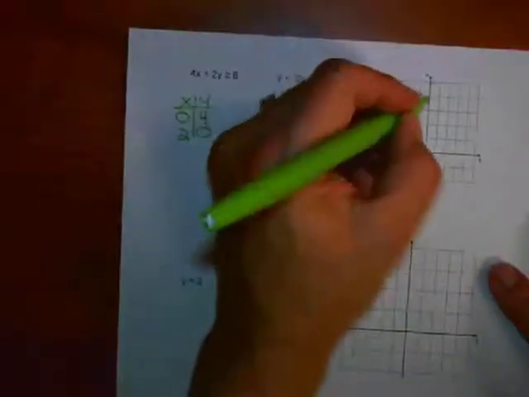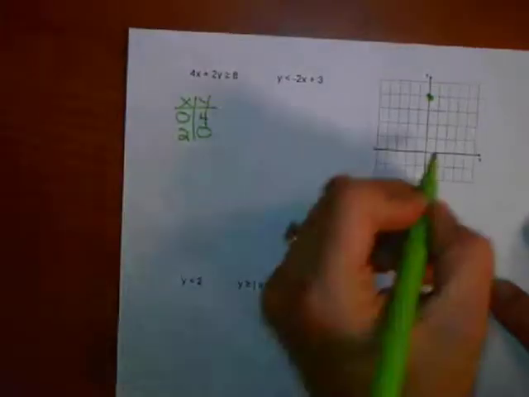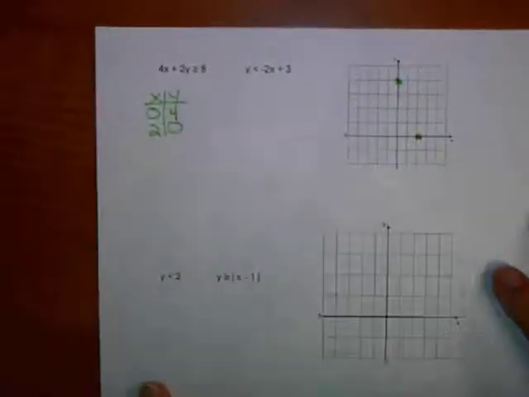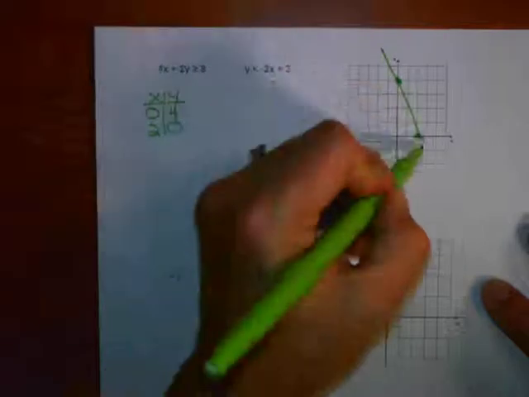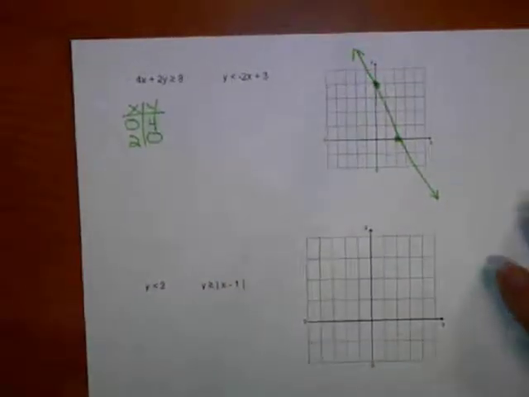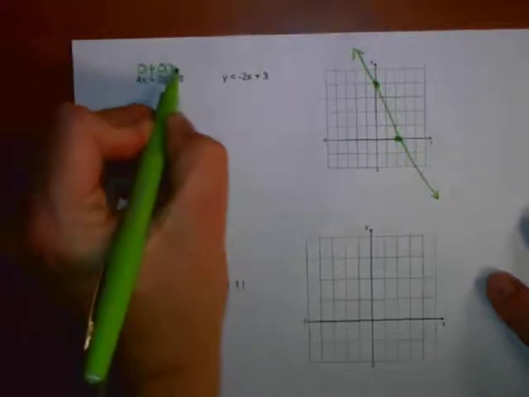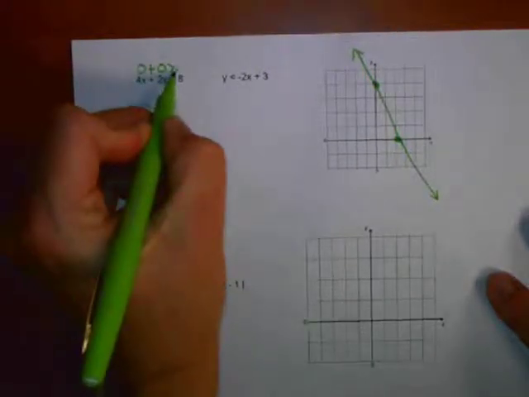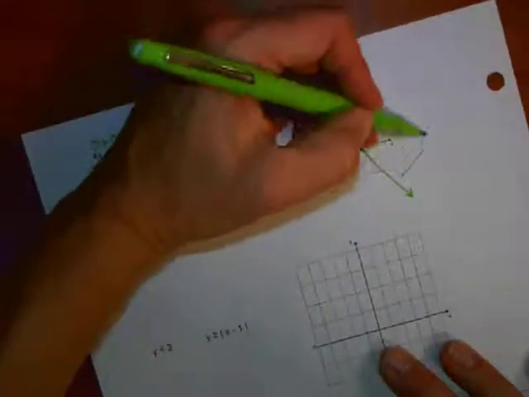Over 0, up 4. Solid or dashed? Solid. Draw it as straight as you can, because this one's going to be a little tricky. Let's plug in 0 for x and y. Does that give me a true statement? No, so I have to shade above. I shade above.